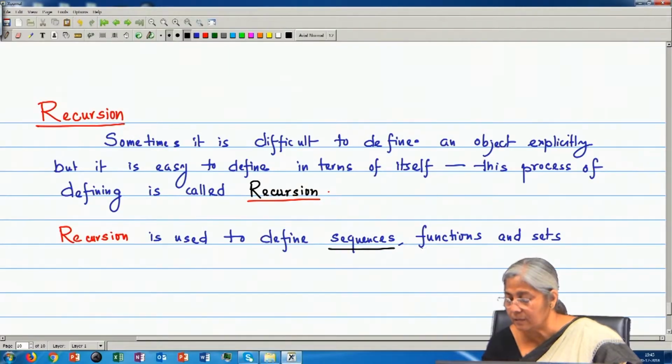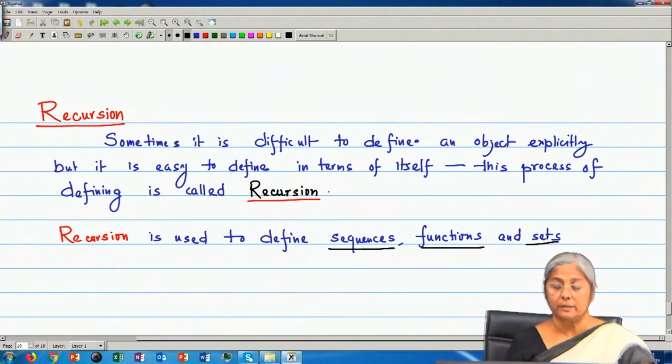These are the three basic things. We will see how recursion is used.